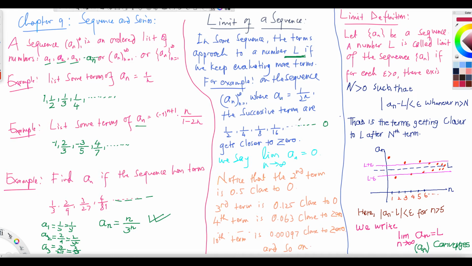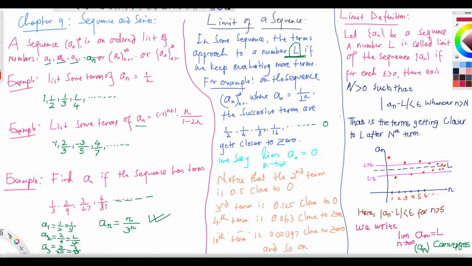In that case, the sequence is not approaching a finite number L. Rather, it is getting bigger and bigger, which means the sequence does not have a limit, or the sequence does not converge. If a sequence has a finite limit L, then we call L the limit of the sequence, and the sequence converges to L because it is getting towards L.